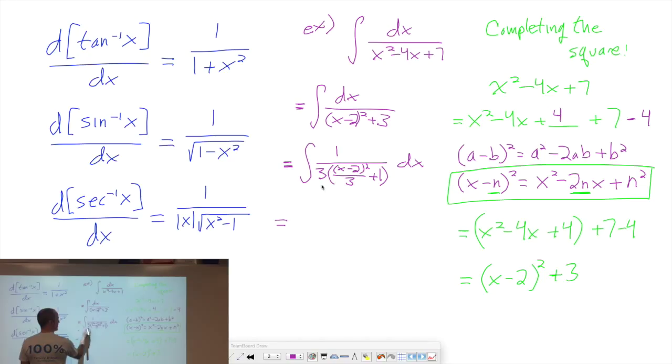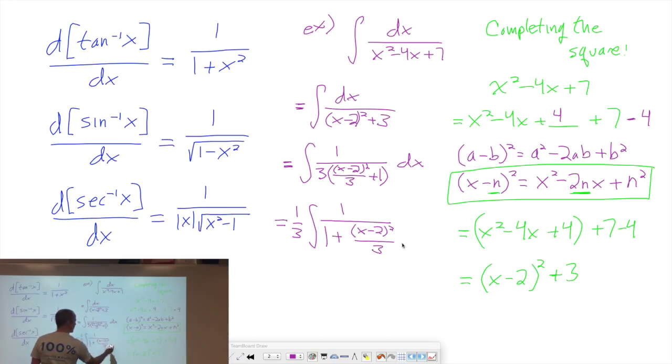I can keep factoring this 3 out of my denominator and write it as 1/3 out in front of the integral. And now I have 1 over, switch these two terms around, 1 plus this fraction, x minus 2 squared over 3, dx. It's not the prettiest integral in the world, but it will work.